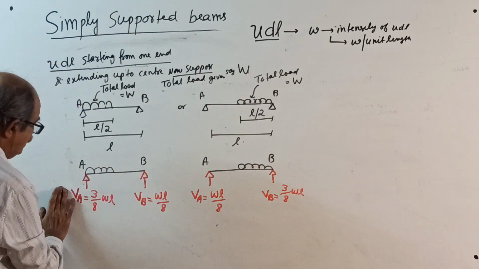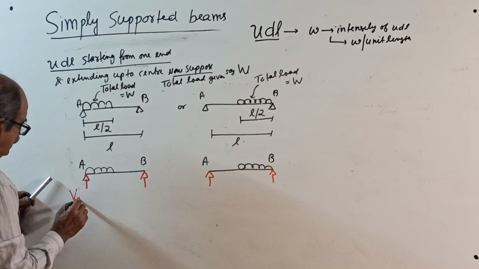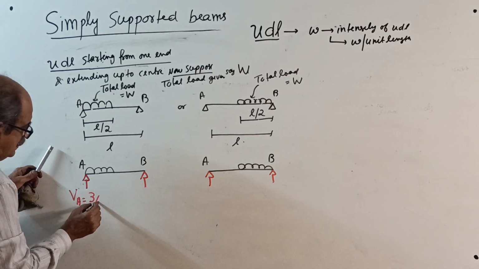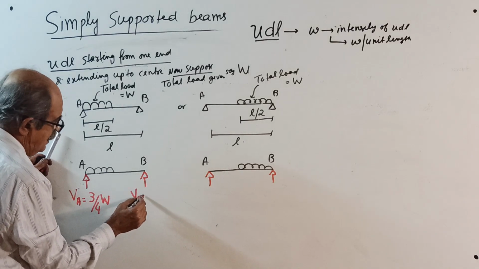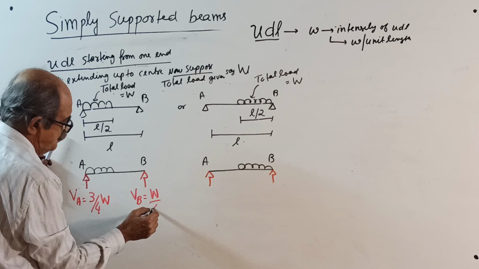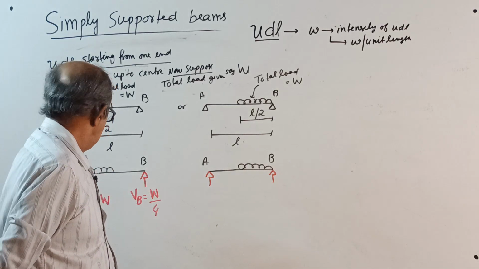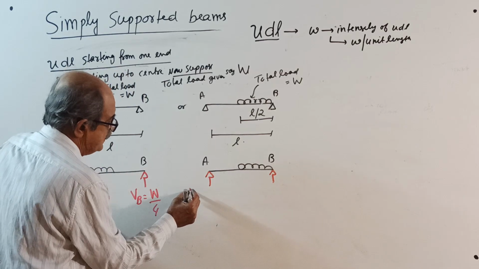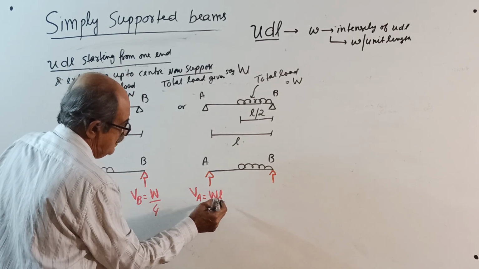Then the reaction will be VA will be 3/4 of W, VB will be 1/4 of W. Here, this reaction VA is 1/4 of W, lesser reaction.